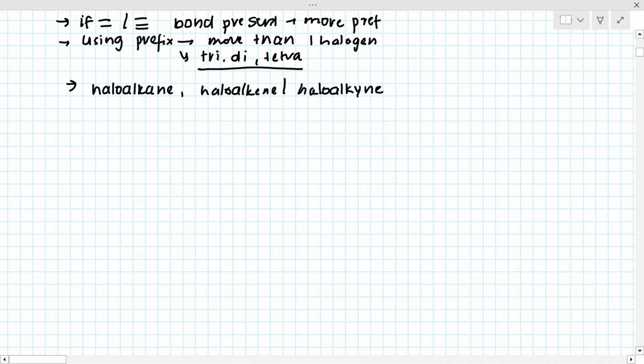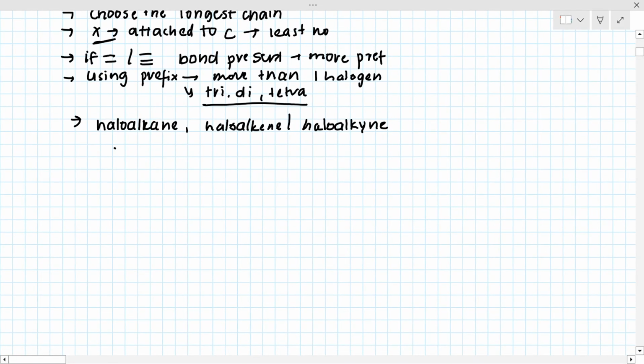One example we will take to understand this nomenclature. Just one example. So here you have 1, 2, 3 carbons.